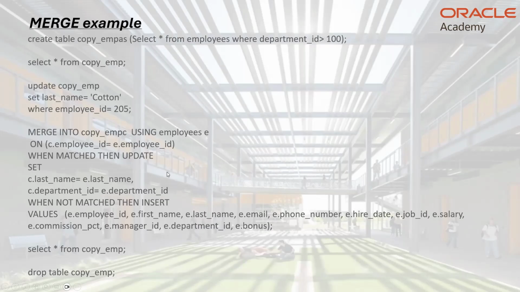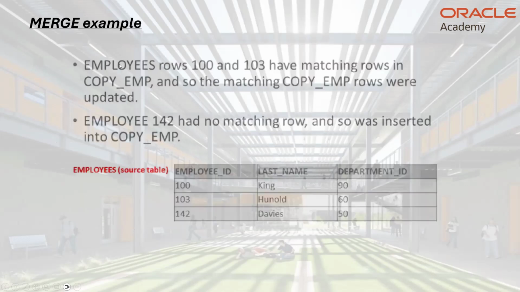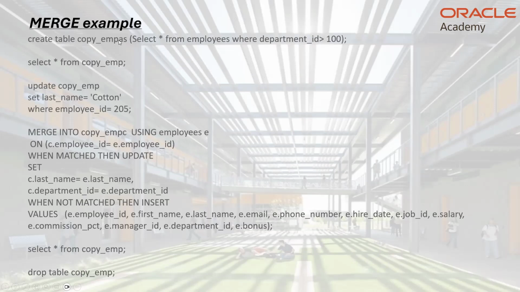here's an example that came out of the queries. We're creating this new table, copy of imp as, and that's basically select star from employees where department ID equals 100, so everyone in department ID 100. Oh, excuse me, that should be copy imp as. Let me correct that.